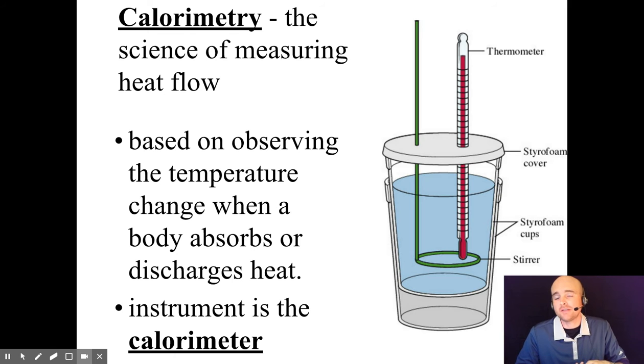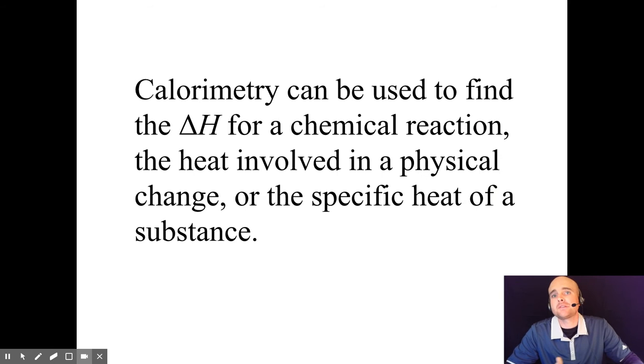Then we'll know the change in kinetic energy, and we can use some formulas in math to calculate the enthalpy, the heat. We use this calorimetry to find the delta H, or the enthalpy, in a chemical reaction, using the heat involved in a chemical change.